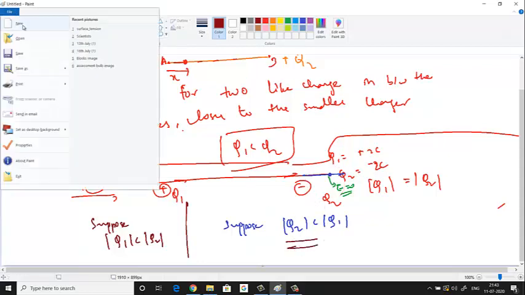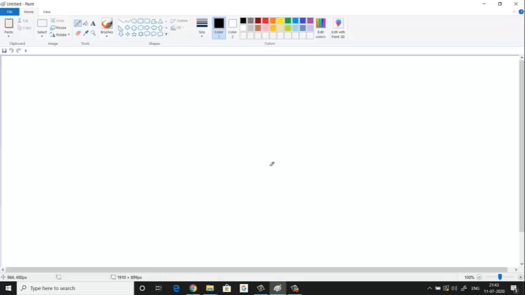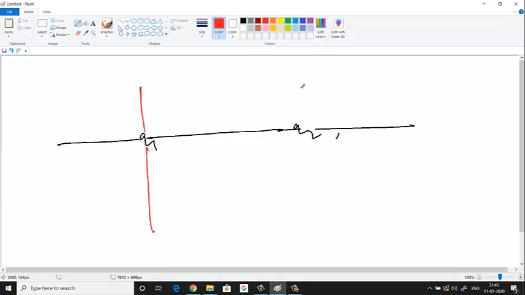Okay, fine. Next. Now suppose they give you a graph like this. Let us say this is Q1 and somewhere here we have Q2. Q1, Q2, they gave you like this, and this is the vertical axis, the electric field axis, horizontal is the distance axis.